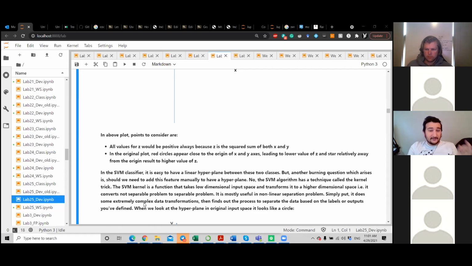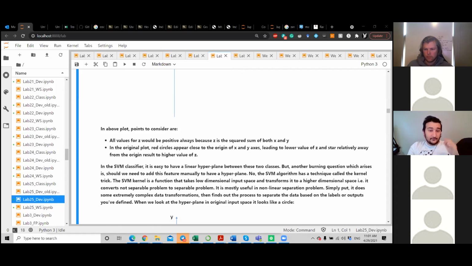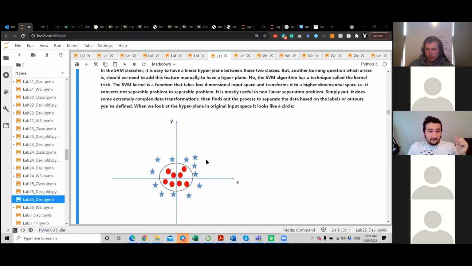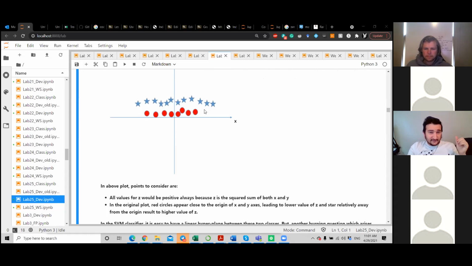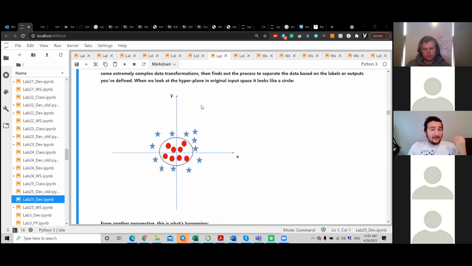Simply put, it does some extremely complex data transformations and then finds out the process to separate the data based on the labels or outputs that you've defined. Now, if you convert this straight line back to your XY scales, you will see that your hyperplane shows up as a circle.